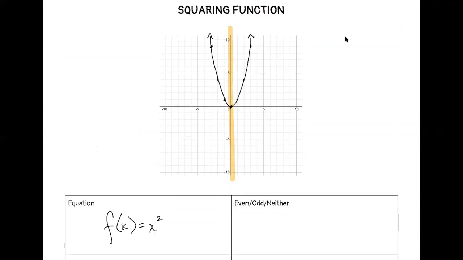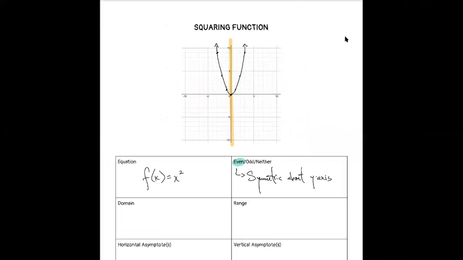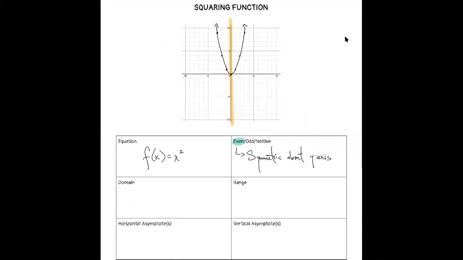So that means that we've got a case where it is even because it is symmetric about the y-axis. That's kind of one thing that makes it special.